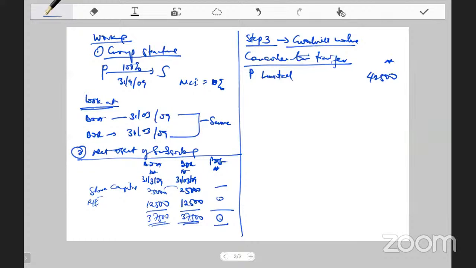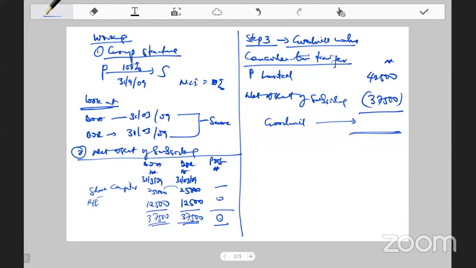So what is now the net asset of the subsidiary X, according to the question? 37,500. So class, what is the value of my goodwill? What's the difference? 5,000.